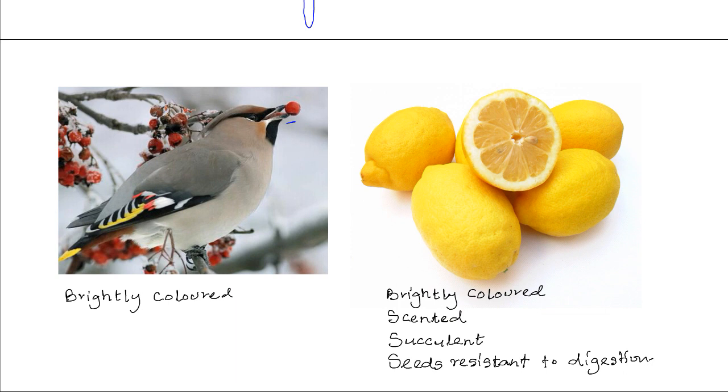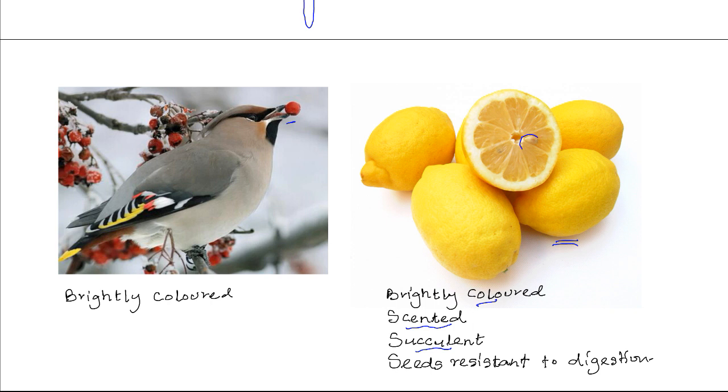Now, usually the seeds within are resistant to digestion, either because they may be slimy or they have tough seed coats that cannot be broken down by digestive enzymes. So even in fruits such as the lemon, you can see they're brightly colored. They have a scent, very distinct. They're succulent. All these act as attractants to the animals that feed on the fruits and then throw away the seeds.